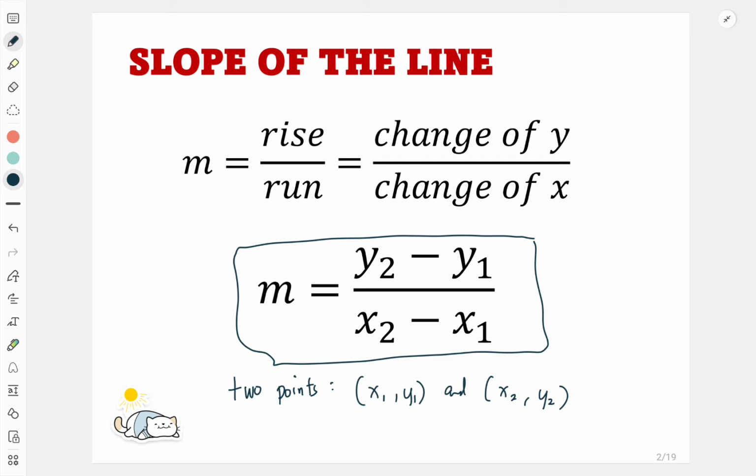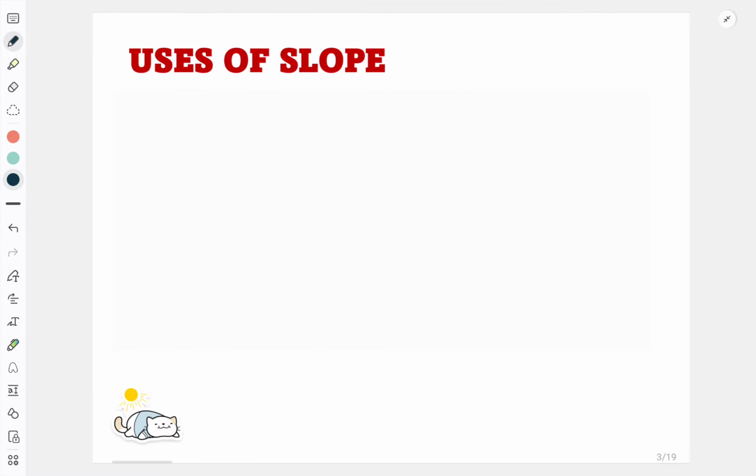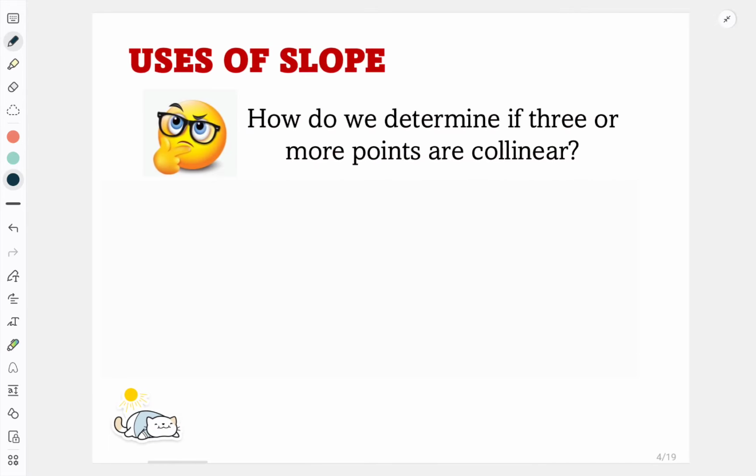m is equal to y sub 2 minus y sub 1 all over x sub 2 minus x sub 1. So, how do we use slope in coordinate geometry? That's what we're going to talk about. But in this video, we'll only focus on one specific use of the slope of the line in coordinate geometry, and that is in answering the question: how do we determine if three or more points are collinear?